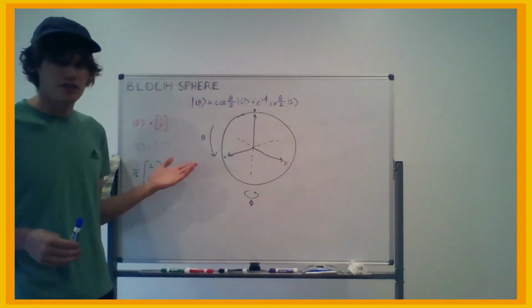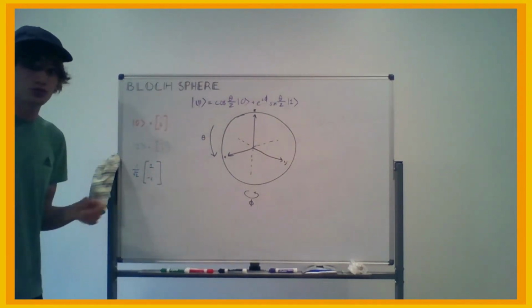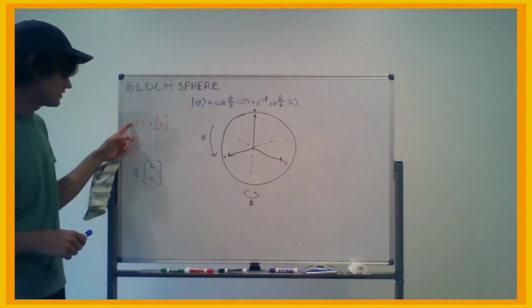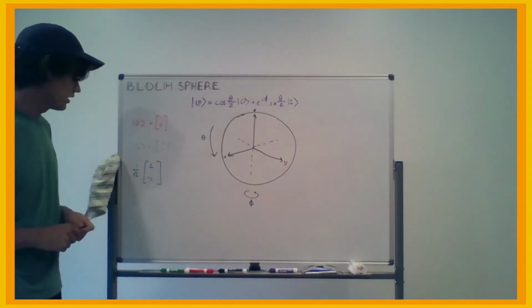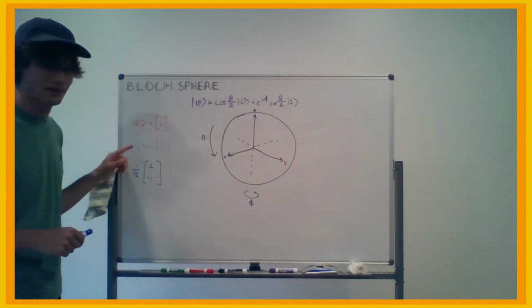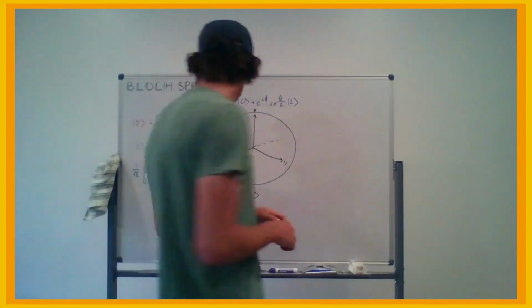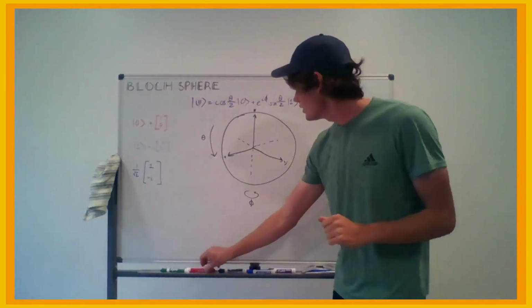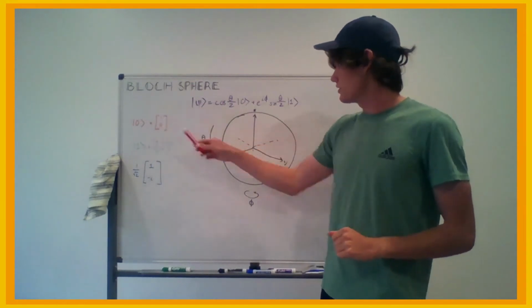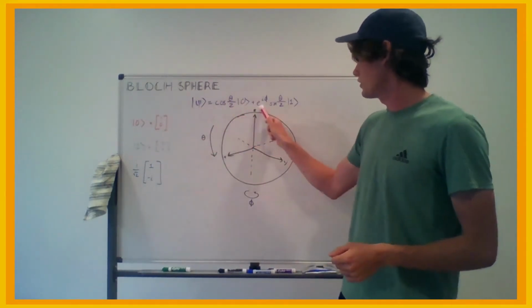Since we have this as our visualization tool, let's start visualizing. We'll be plotting the states 0, 1, and 1 over root 2 times the vector 1, negative i. So let's take a look at 0 first. What do we need to get 1, 0? Essentially that means a 1 here and a 0 here.